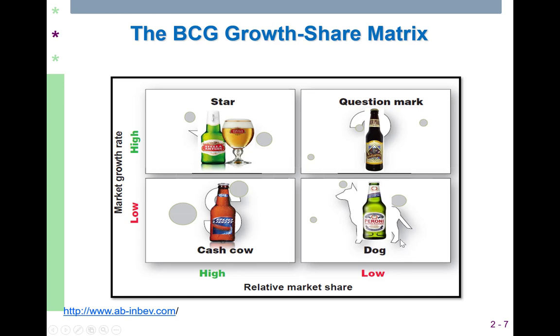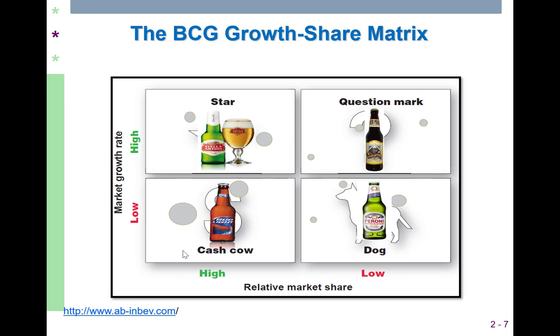And if both growth rate and market share were low, then they'd put it here. So you have a dog, low, low. You have a question mark, which is high, low. You have a star, which is high, high. And of course, you have the legendary cash cow, which is high in market share but low in market growth.